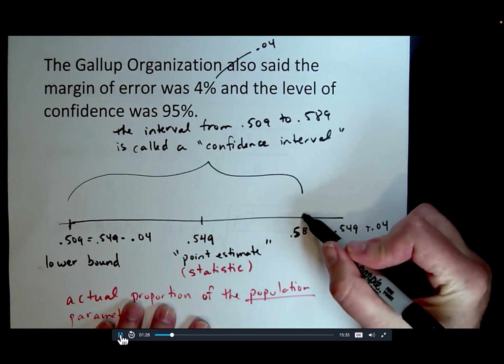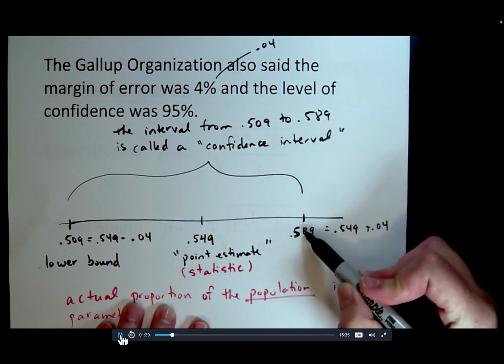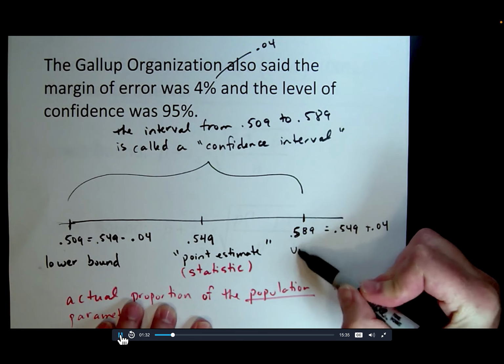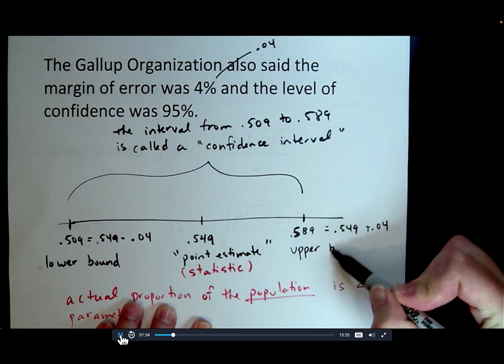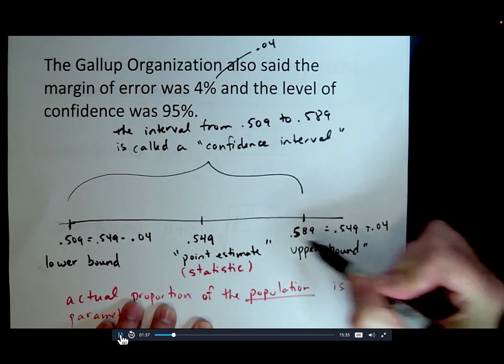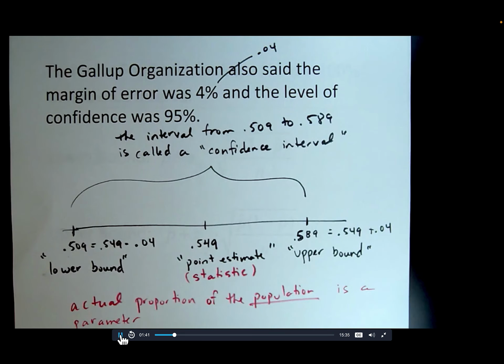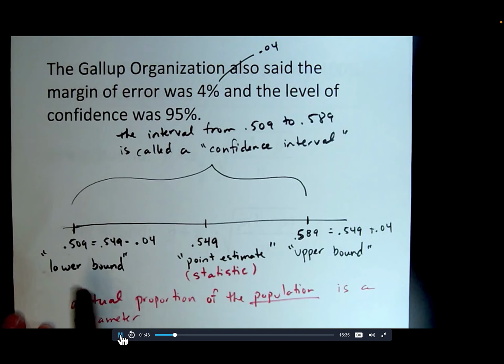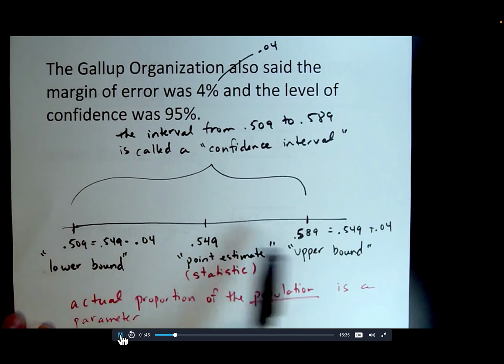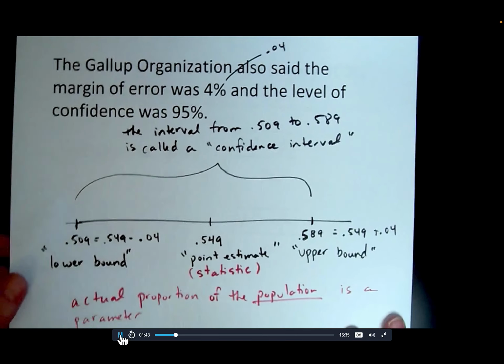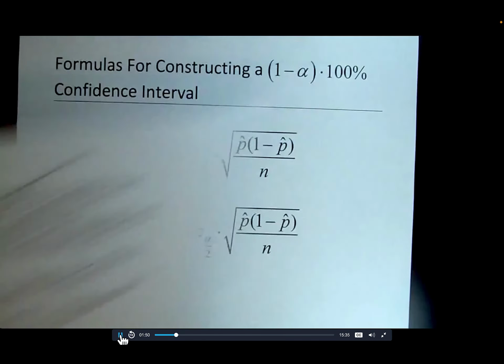This number that marks the right-hand endpoint of the confidence interval, you might have guessed, is called the upper bound. So when I'm giving you formulas to find the confidence interval, what you need, of course, is where it starts and where it ends. That's what these formulas are for, the lower bound and the upper bound. Okay, so back to the formulas.